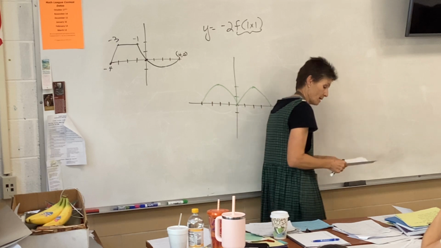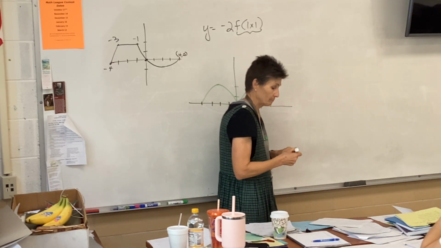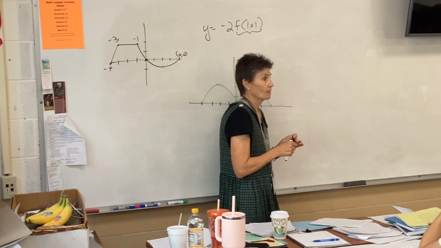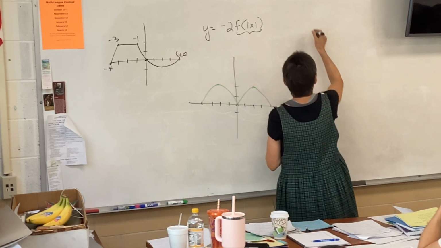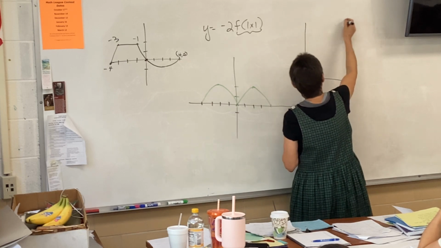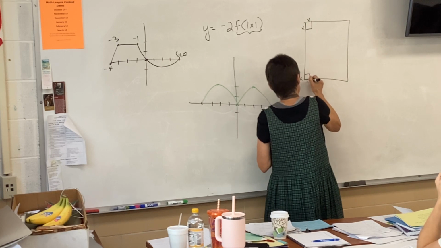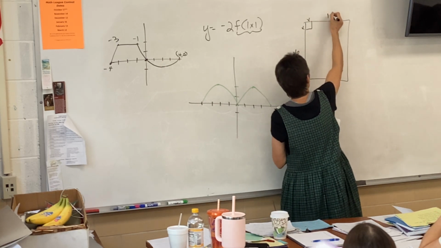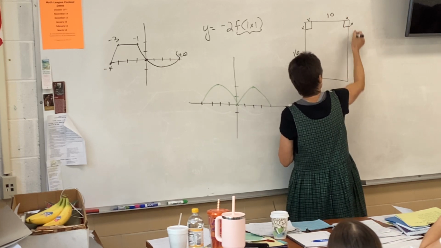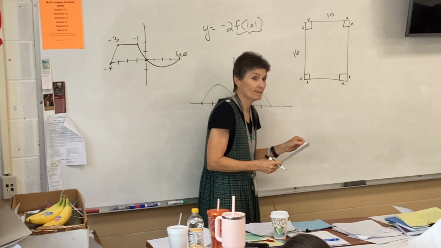Alright, now we got our box problem. Okay, so here we go. The only thing that's ever different about these box problems is the dimensions of the paper. This one happens to be 10 by 16. That does not change the way I do the problem, right?